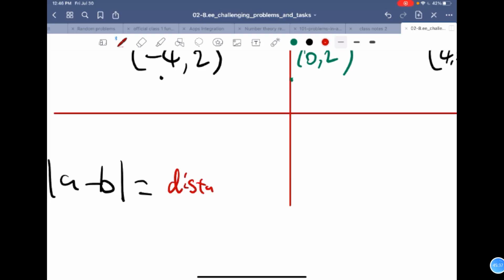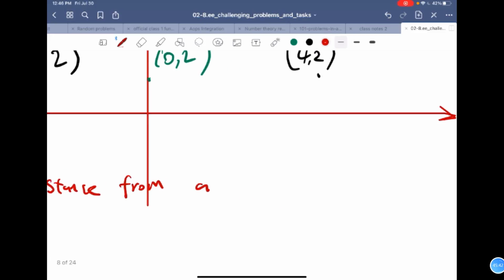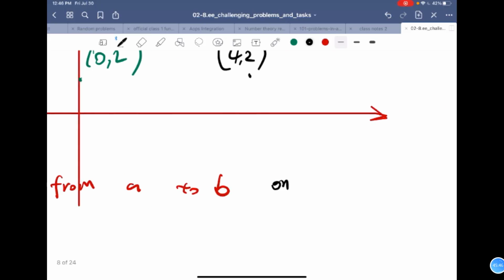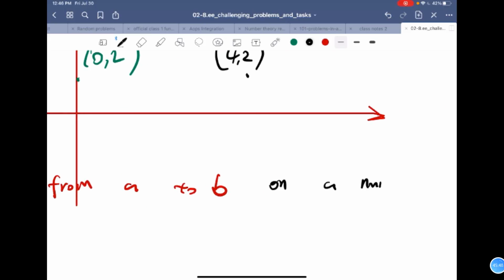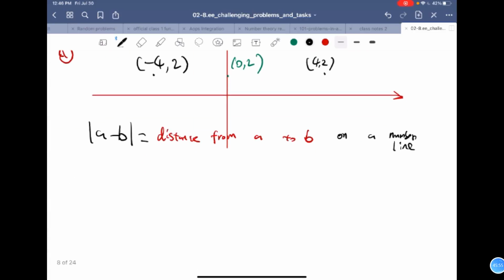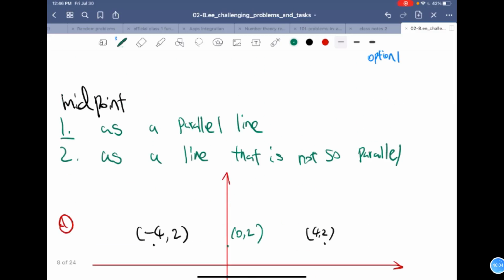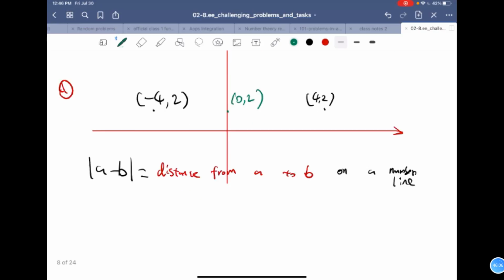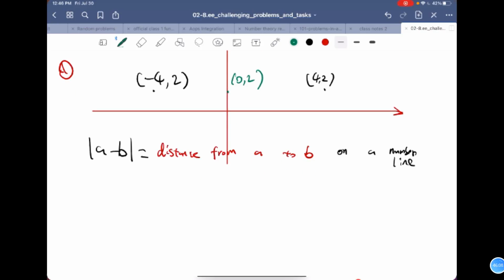So when you say a minus b, the absolute value of this refers to the distance from a to b on a number line. For example, I'm gonna give you an example. You will get it. This is actually the basis behind the midpoint, I mean, how to calculate the distance.